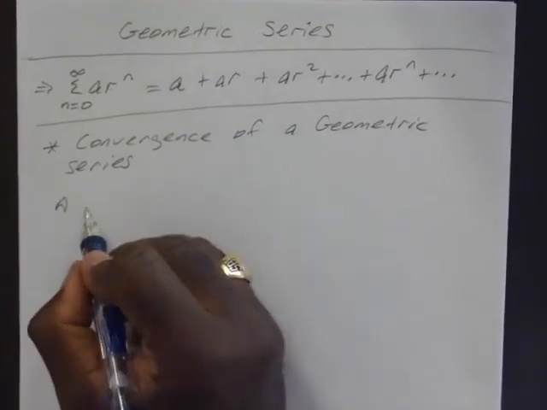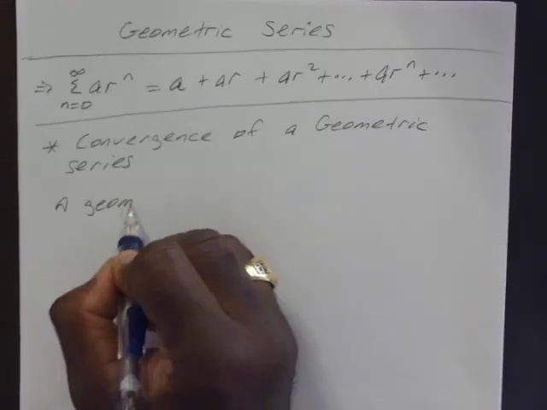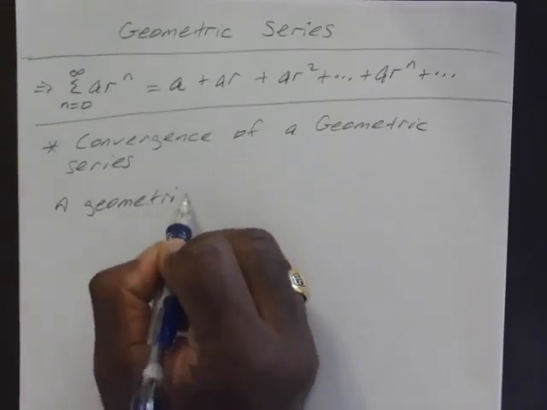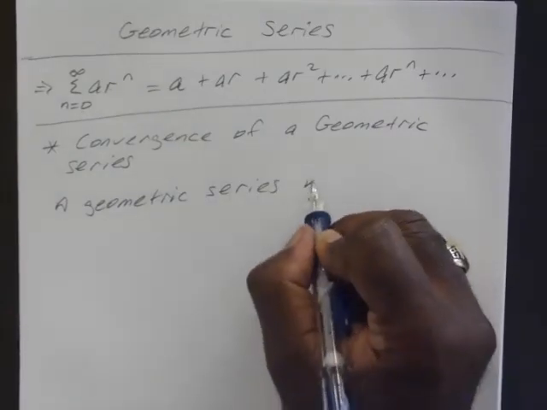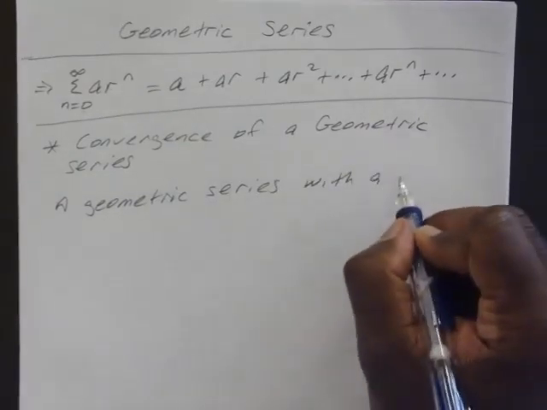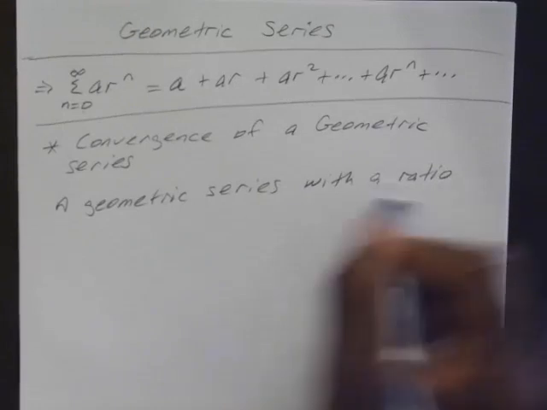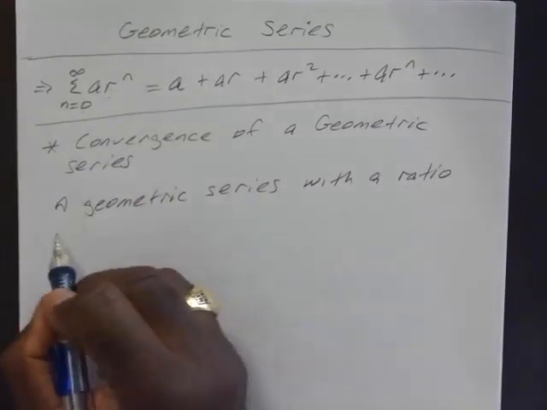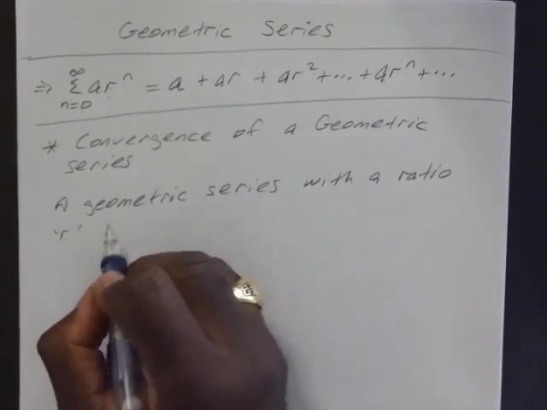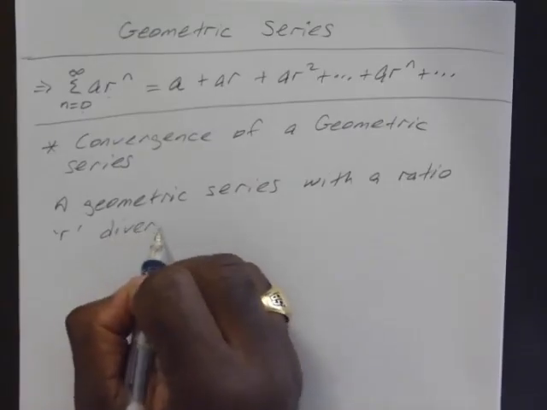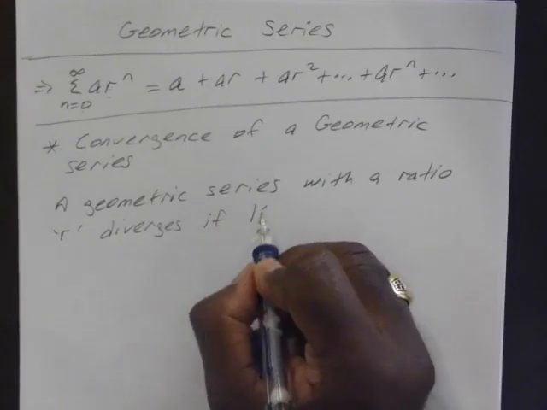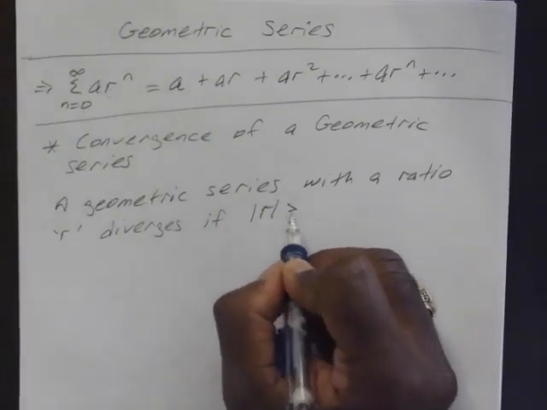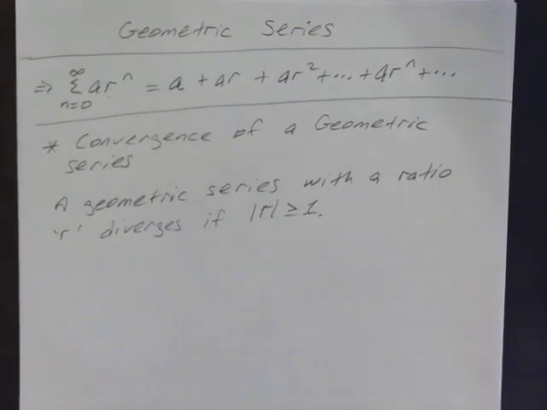Okay, so a geometric series with a ratio that we will call, of course, r, diverges if the absolute value of r is greater than or equal to 1.